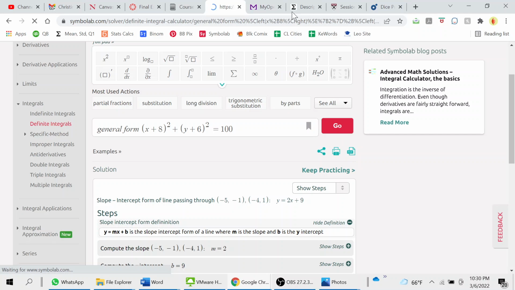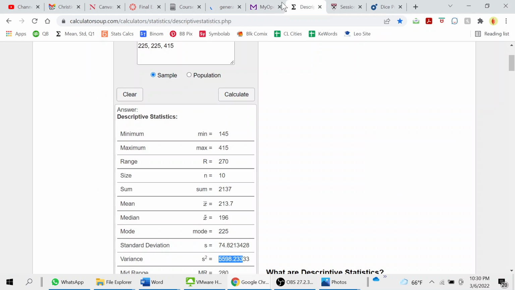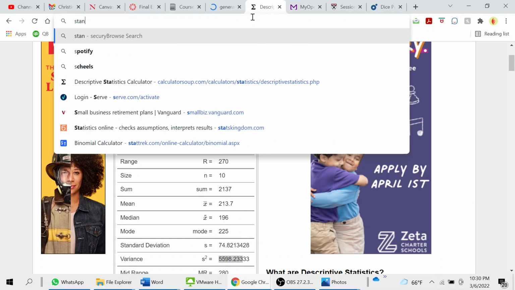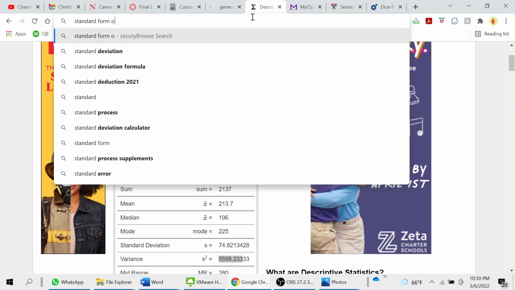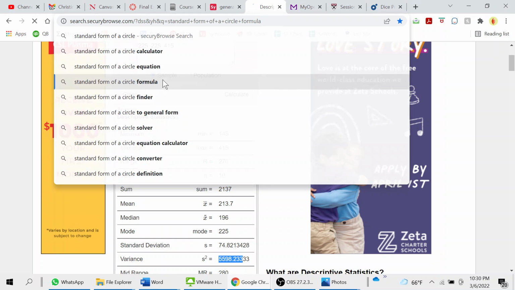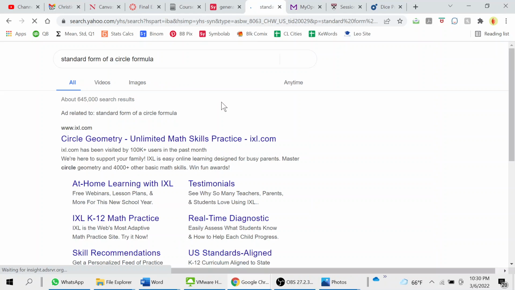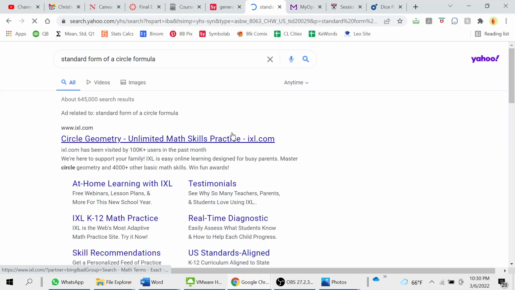Alright. Let me just double check that there's a standard form and general form of a circle, just to make sure.